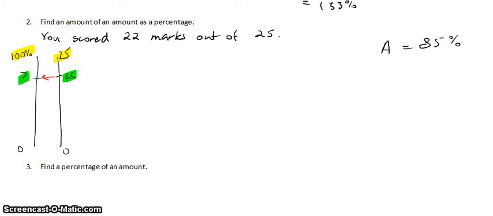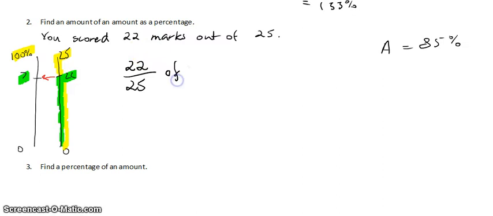We have a 22 amount out of a total of 25 amount. So the first thing we need to do is write our 22 marks out of 25 as a fraction. Now we can see we're actually finding 22 25ths of 100%. So we're finding this fraction of 100%.